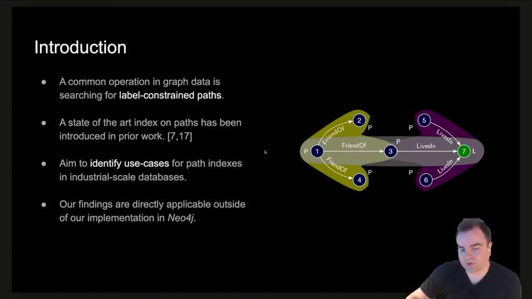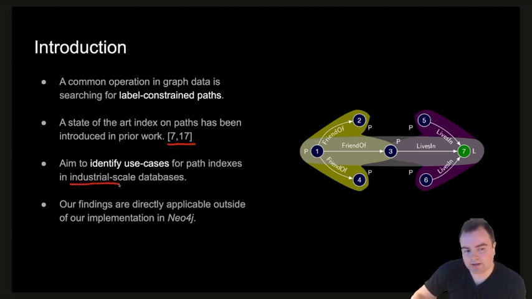We already worked on efficient implementation of path indexes before, and in this work, the primary goal is to identify the use cases in which path indexes could be useful, specifically in the context of industrial scale databases.